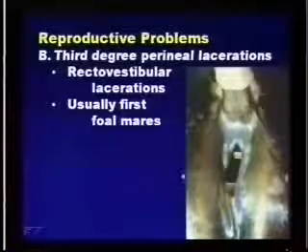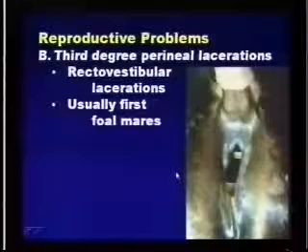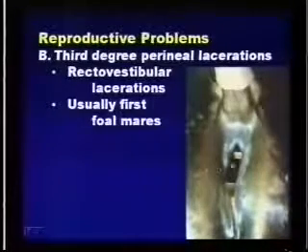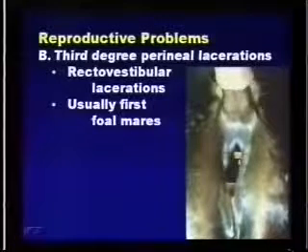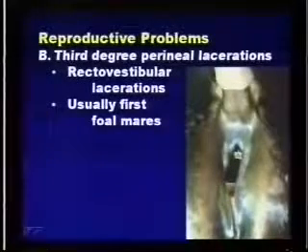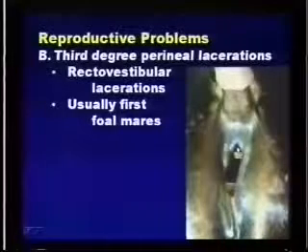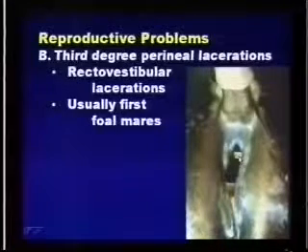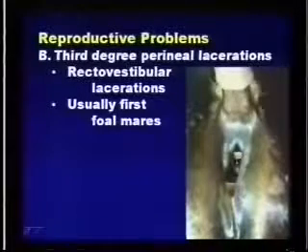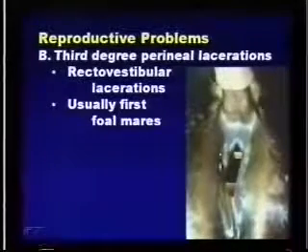And what happens is that as the mare is trying to expel the foal at the time of parturition, one of the foal's feet gets pushed up through the dorsal vaginal wall or vestibular wall, punctures through into the rectum, and then as the foal is expelled by the mare, this foot will actually tear out the perineal body.